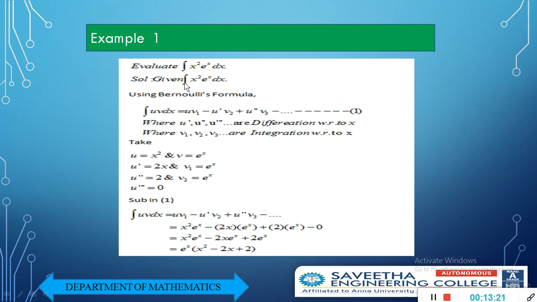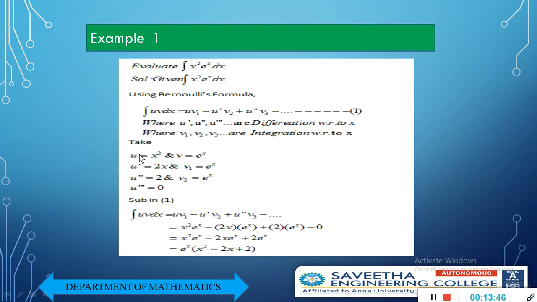So now what is given: the integral of x square e power x dx. Using Bernoulli's formula, integral of uv dx equals u v1 minus u' v2 plus u'' v3 minus and so on. We take this as equation number 1. I already told you u', u'', u''' are the differentiations and v1, v2, v3 are integrations.